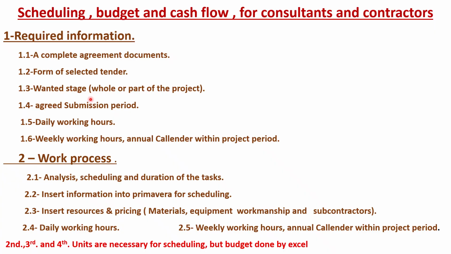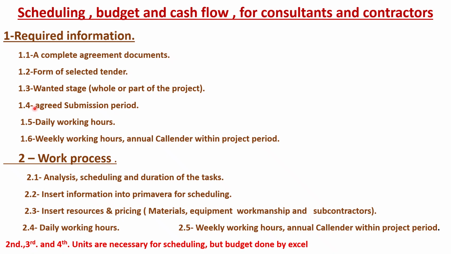Wanted stage: is it whole or part of the project? This is if the contract is for part or the whole project in one go, or part then stop then do the final.